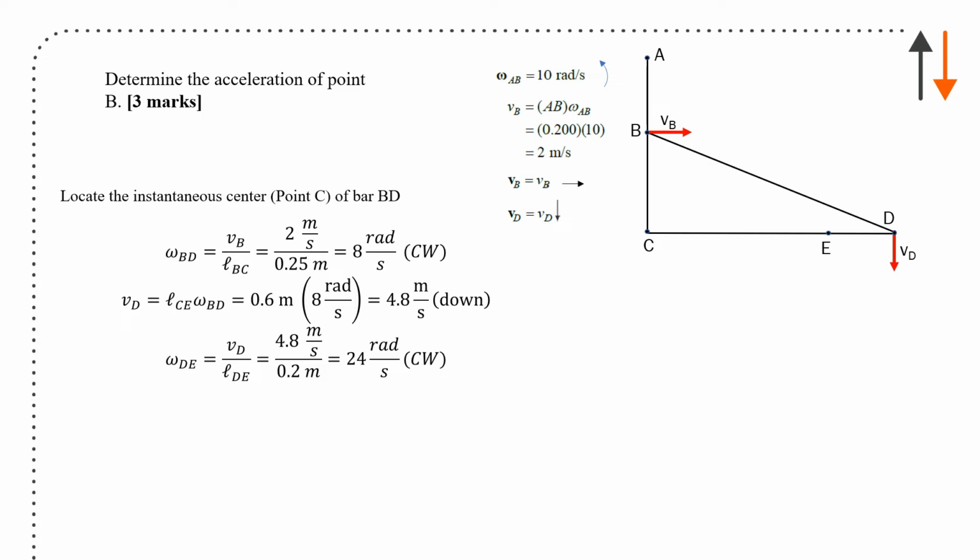Velocity of D is just going to be the length of CE, from the center of the wheel, times omega BD, which is just going to be 8 rads per second, which we just calculated, and that's 4.8 meters per second down. I'm not putting signs here, I'm just putting directions. Omega DE, which is the other component, is just going to be velocity D divided by LDE.